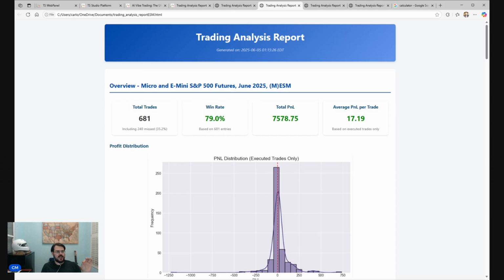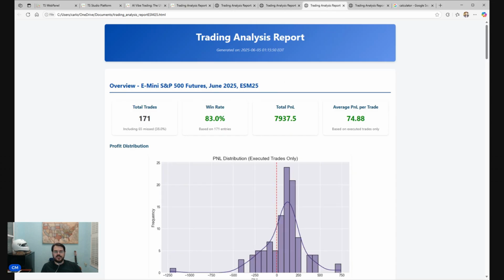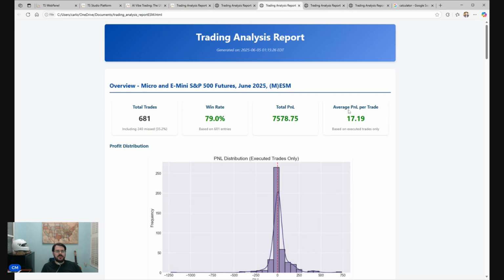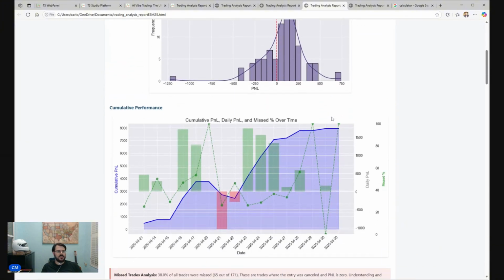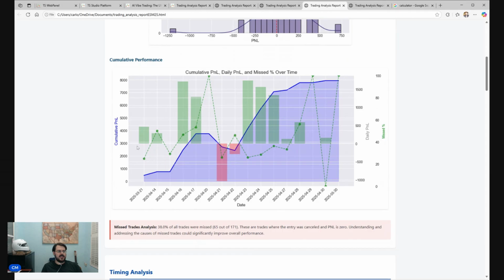Another thing we have here, the win rate increased to 83%, and the average P&L increased from $17 to $74. When we come down here, we can see that we have 15 days traded. Each bar here is a different day.